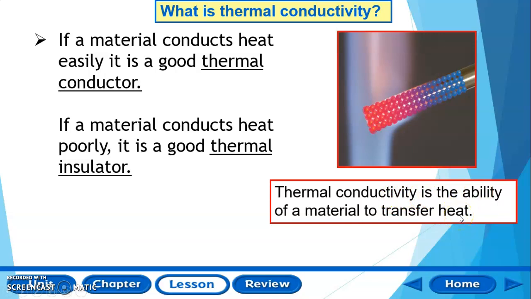So copy the question and this important definition. Here we talk about if a material conducts heat easily, it is a good thermal conductor. Thermal conductor is another important concept. And we talk as well about if a material conducts heat poorly, so it is a good thermal insulator.